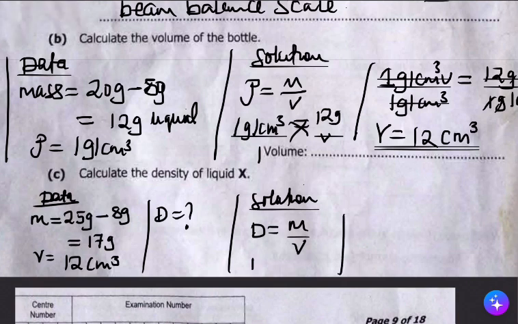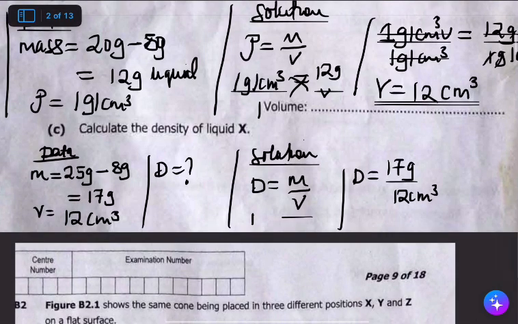So our mass is 17 grams, and then our volume is 12 centimeter cubic. That is our actual volume. And then from here, we can divide. So we can say 17 divided by 12.